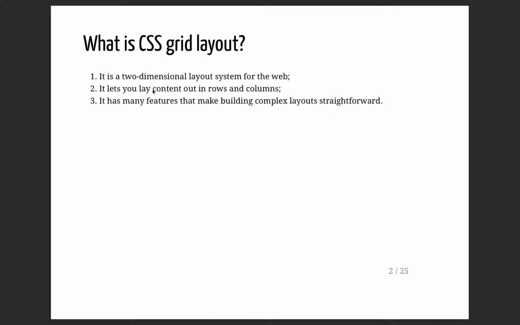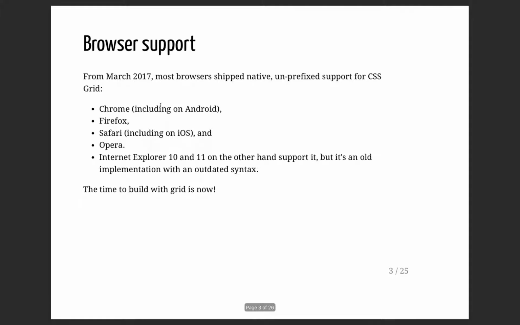The solution to this problem is something called CSS Grid layout. You can say exactly, I want this component to be located on this row, this column. The CSS Grid itself is very new. As I mentioned here, only last year did it start to be supported by all the major browsers.